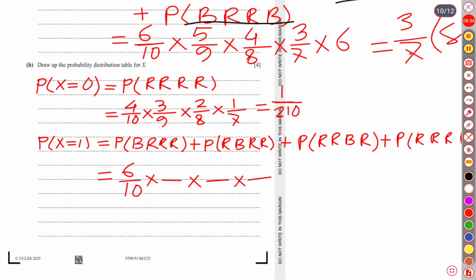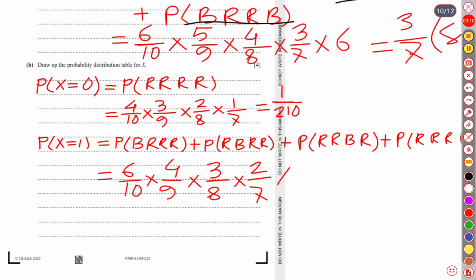Every time the total is decreased by 1: 9, 8, and 7. For first blue it is 4, for second blue the number of blue marbles will be 3, for the third one it will be 2. That is 6, 4, 3, 2.